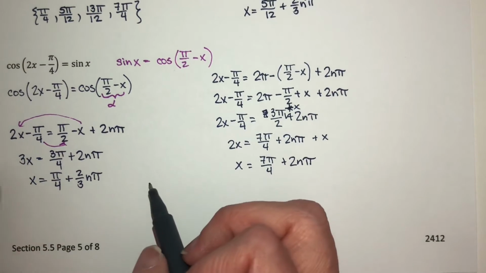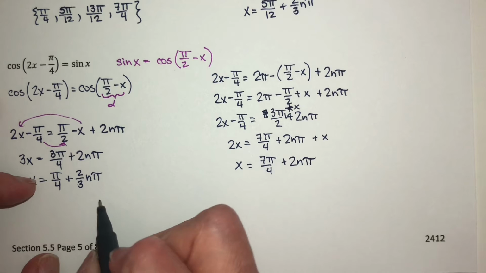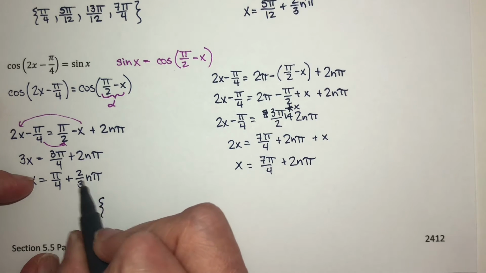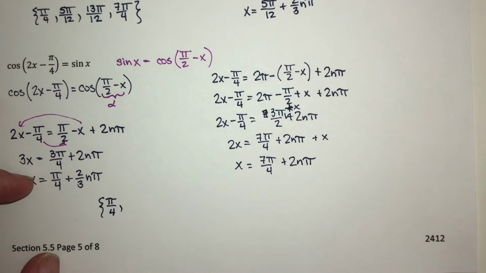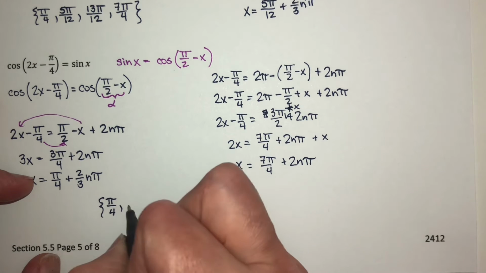Okay, so now let's just find all of our possibilities. If our n is 0, we have pi over 4 here. If n is 1 and we add 2/3 pi, we get 11 pi over 12.